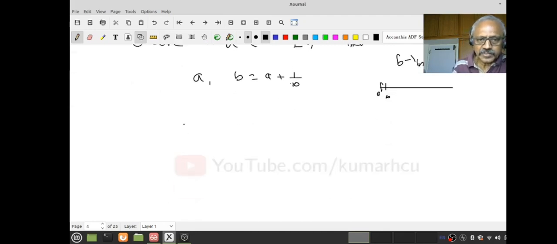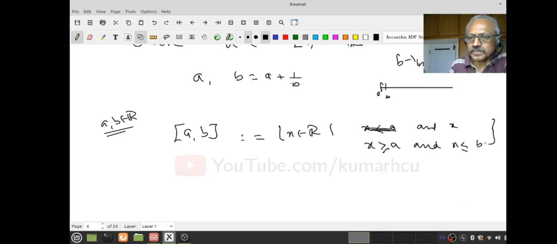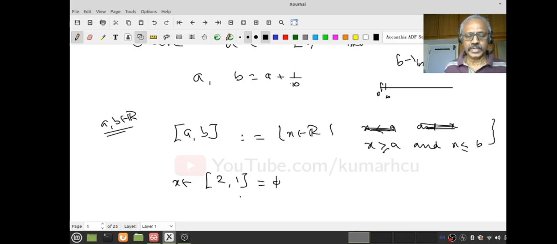But remember again the definition of the interval [A, B], for any real numbers A and B in R. The interval [A, B] is the set of all real numbers x so that x must be greater than or equal to A and x must be less than or equal to B. So any x must satisfy two simultaneous conditions. Therefore, if I write something like [2, 1], this interval is the empty set. Why? Because x must be greater than or equal to 2 but must be less than 1.